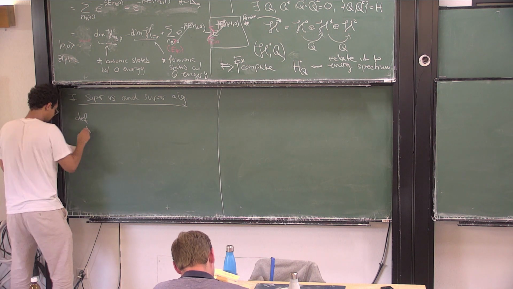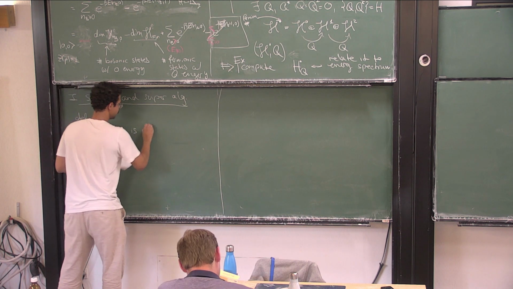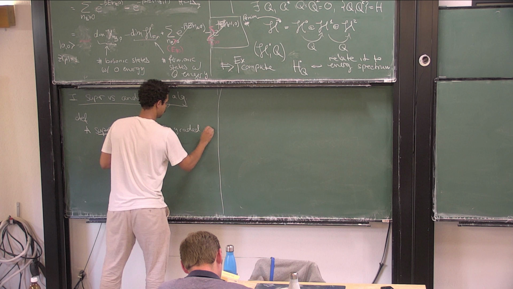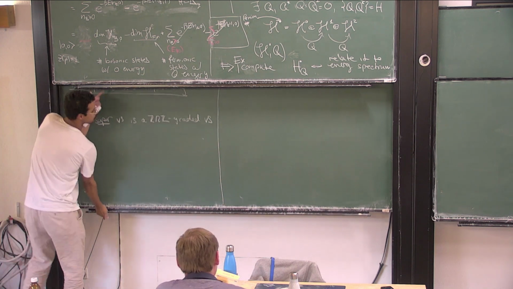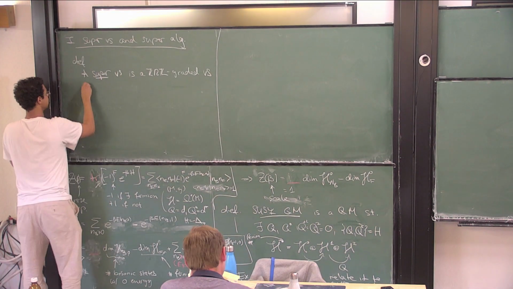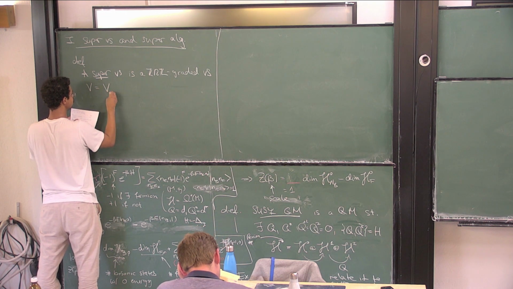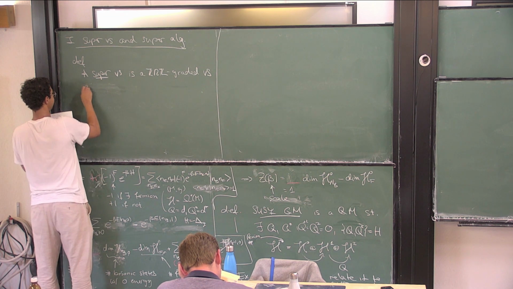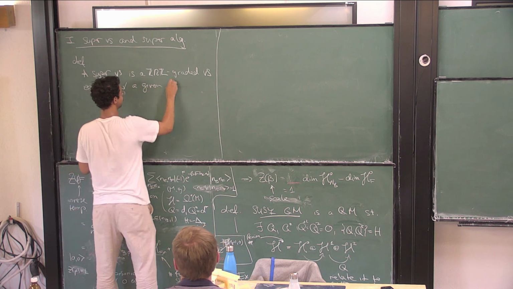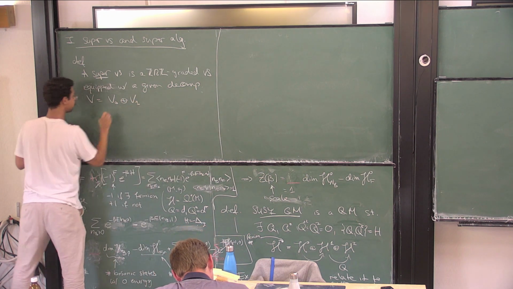Okay, so a supervector space is a Z mod 2 vector space, let's say over R. I always assume that we work over R. Let's say V, which comes equipped with a given decomposition, so V is V0 plus V1.